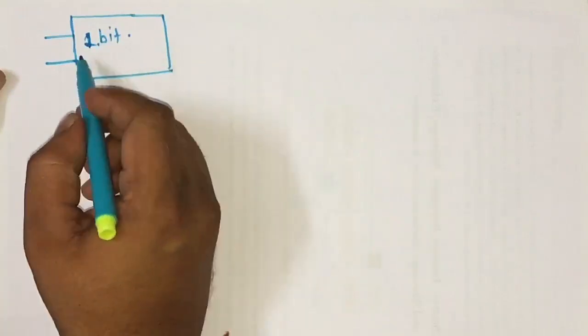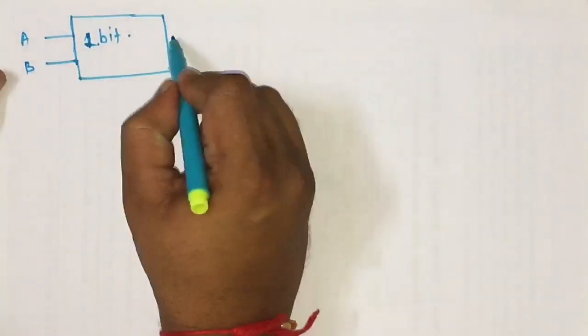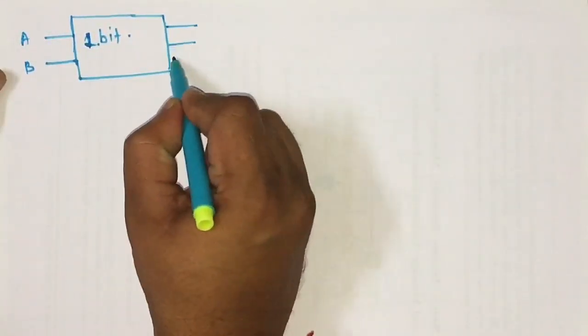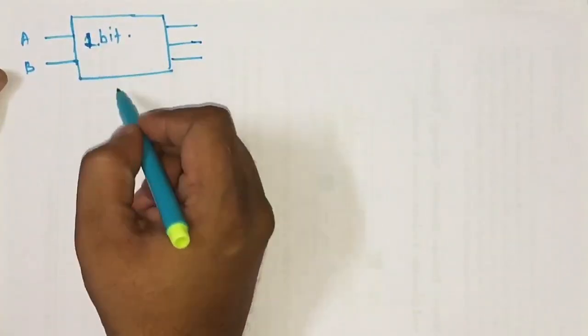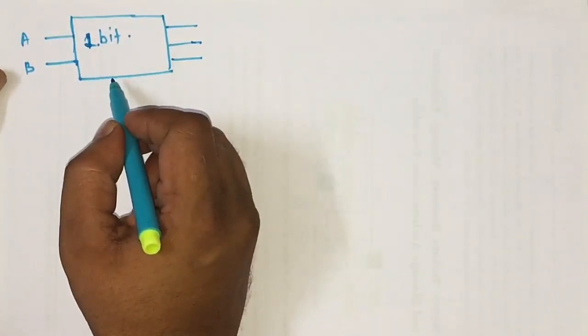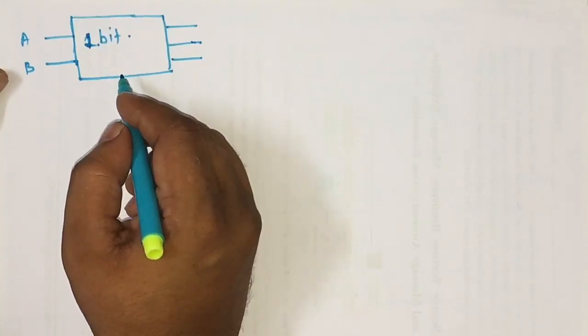Now for the 1-bit comparator there are two inputs, input A, B, and it consists of 3 outputs. The comparator is a combinational circuit that is used to compare the input bits and generate a different result.